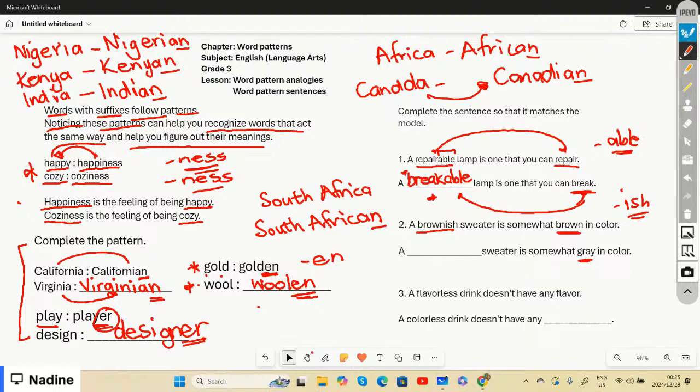So you have a brownish sweater is somewhat brown in color. Then we can say a sweater is somewhat gray in color. I even underline the word where you just need to add the suffix to.